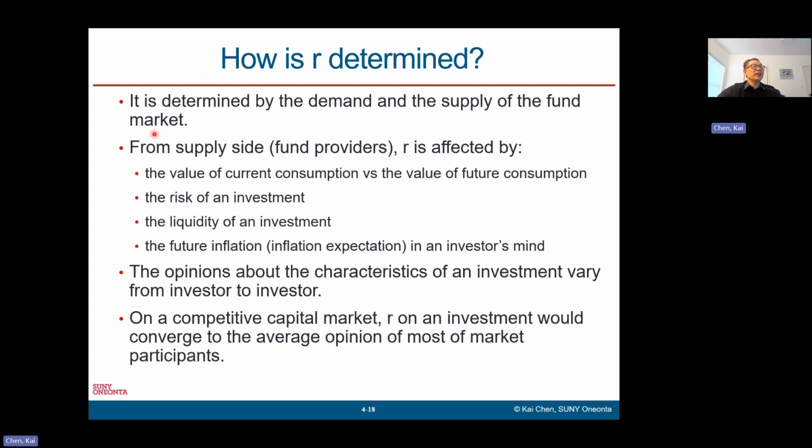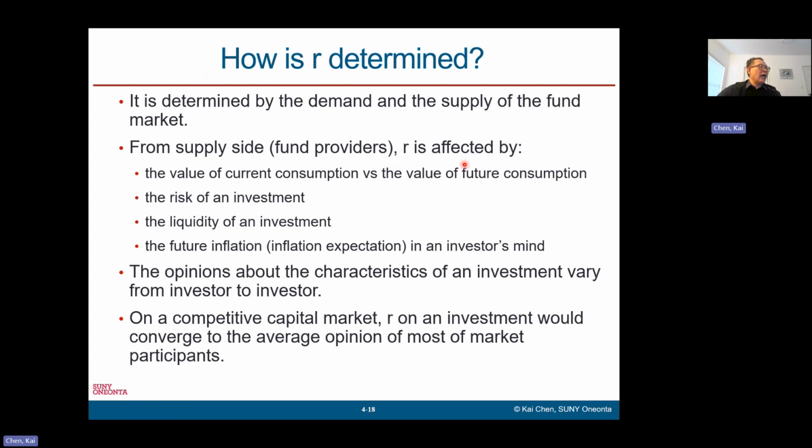Interest rate is determined by the demand and the supply of funds on the fund market. And in finance, now we just look at, from the supply side or from the fund provider's side, how R is affected.